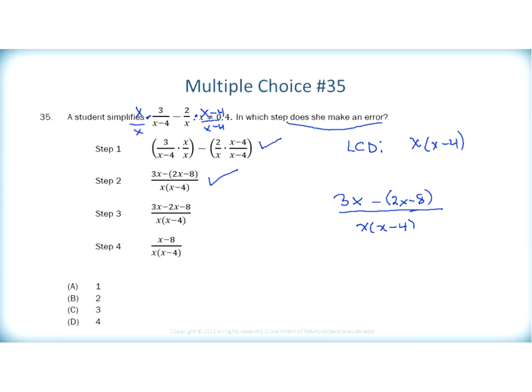When we're subtracting, we have 3x subtract 2x, and we're subtracting a negative 8, that's plus 8, which is where they went wrong. So it would be step 3. This gives us x plus 8 over x outside of x subtract 4.